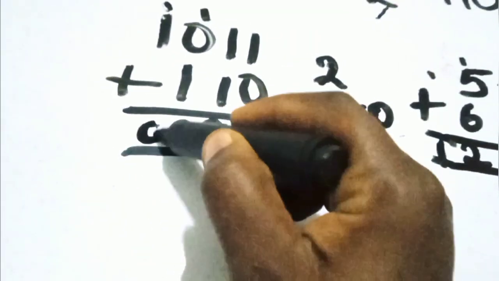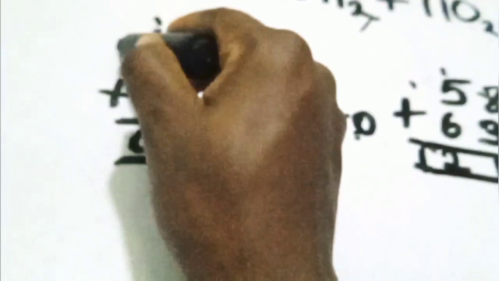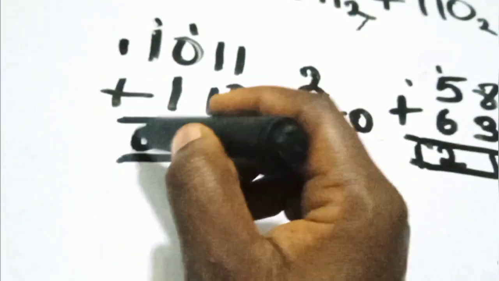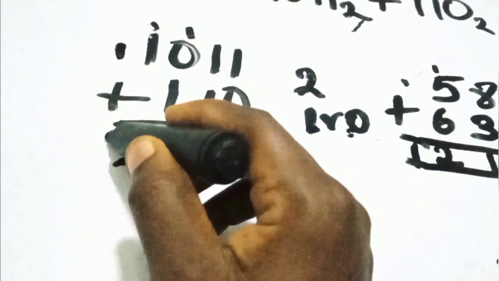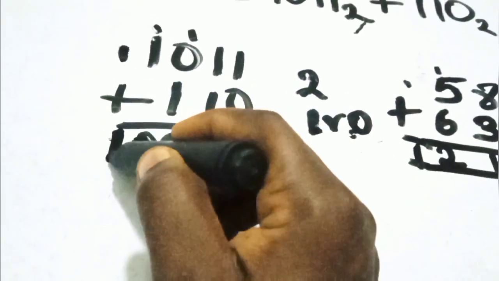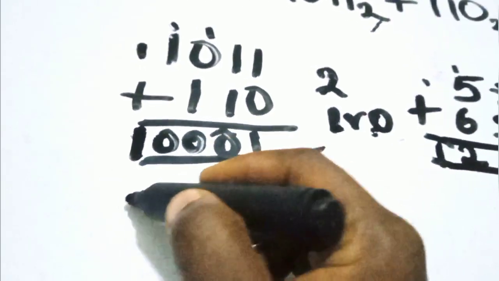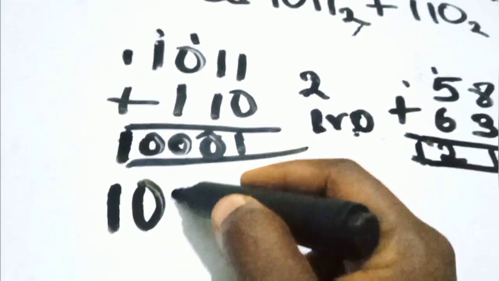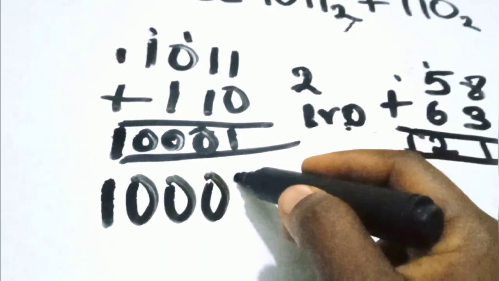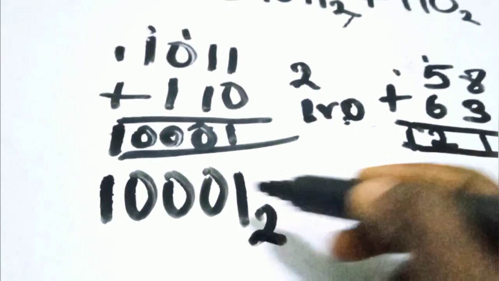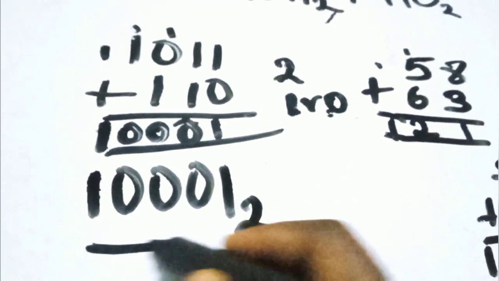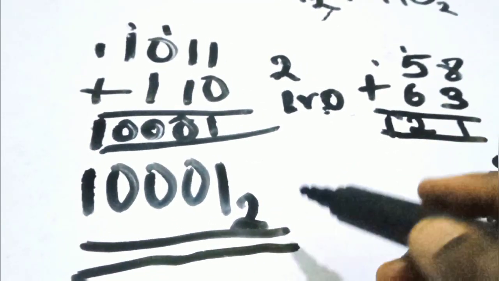I'll put my 0 and carry my 1 here. There's nothing here again, so I'll bring down my 1, because it is like 1 plus 0, 1. So our final answer will become 10001 in base 2. Remember to put the base as a subscript. That is the rule.